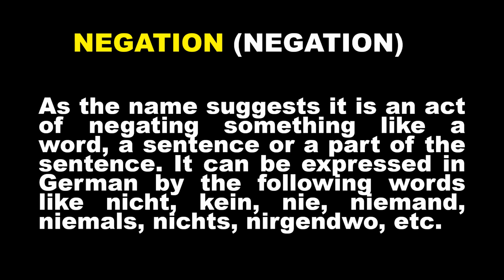It can be expressed in German by these following words like nicht, kein, nie, niemand, niemals, nichts, nirgendwo, etc. It's very simple to understand. Whenever you want to negate something, you need to have some words which can be used to negate the sentence or a part of it.